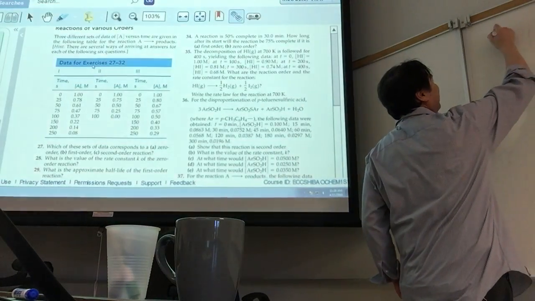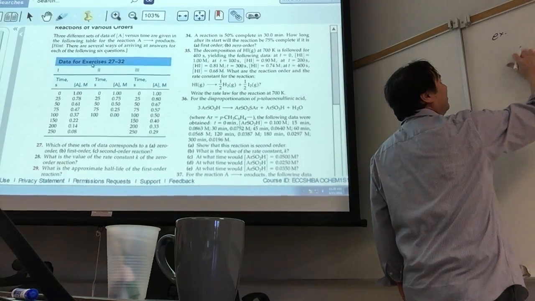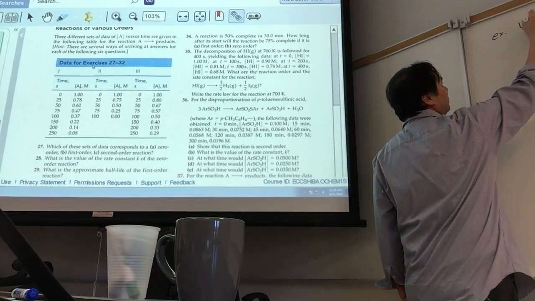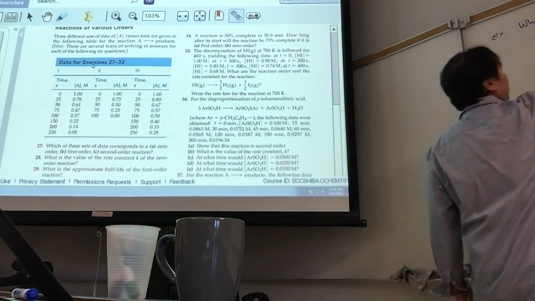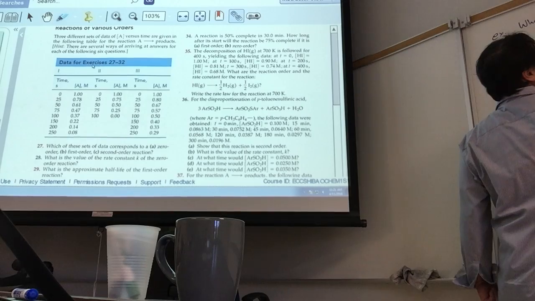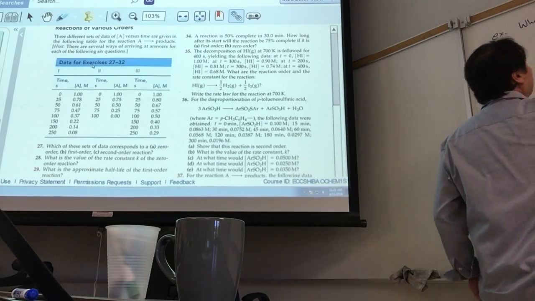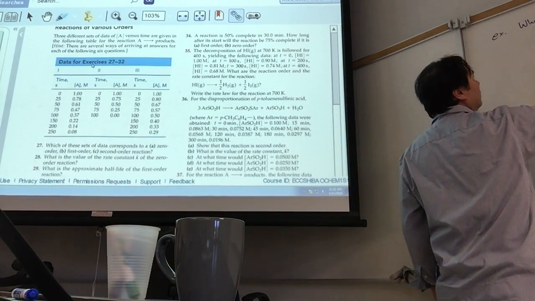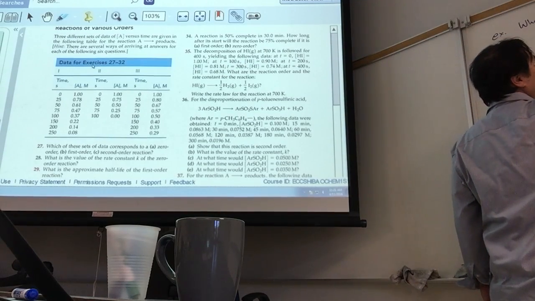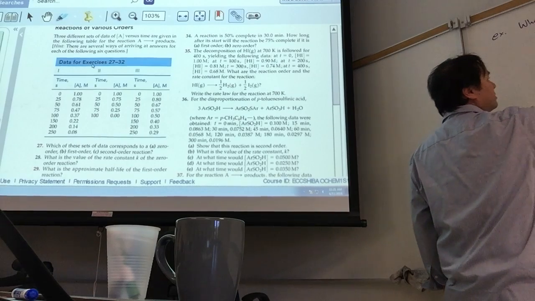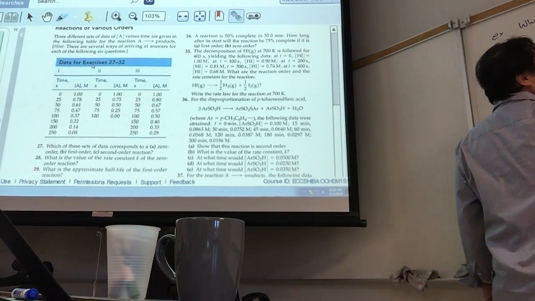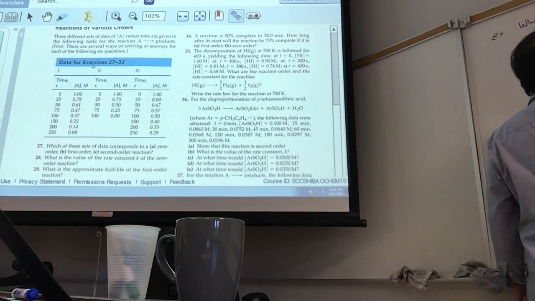In this example, what if we can't graph it? Then we will use what I call slope, or K analysis.